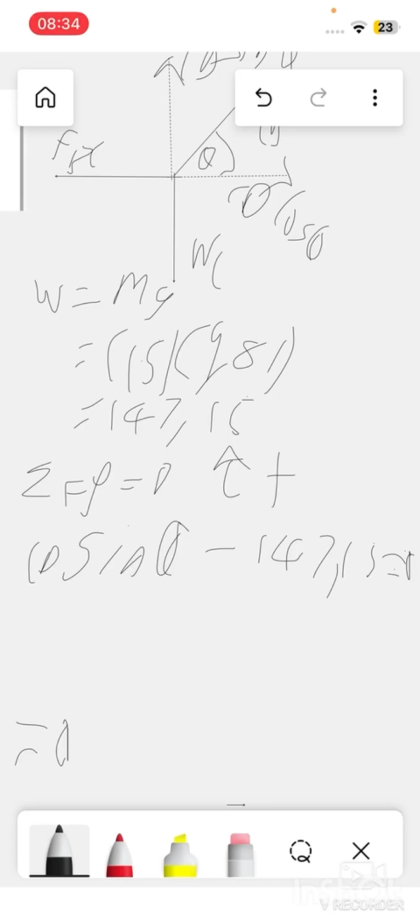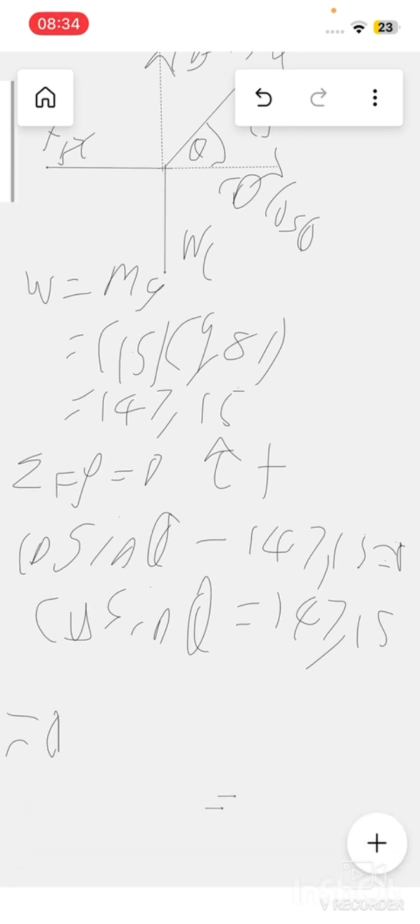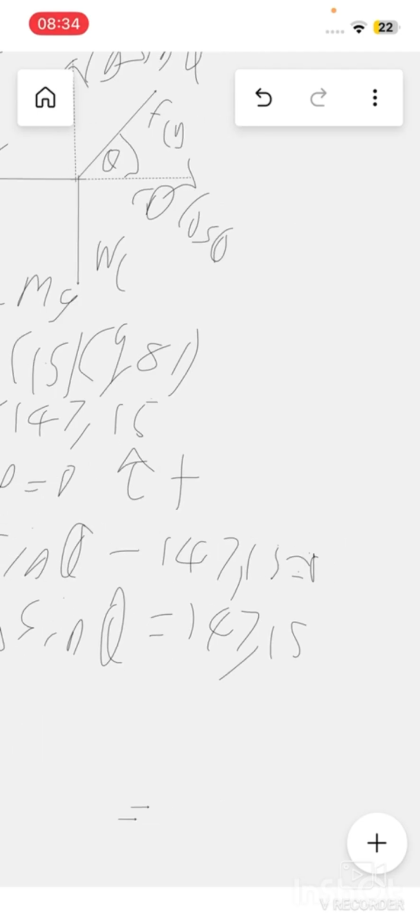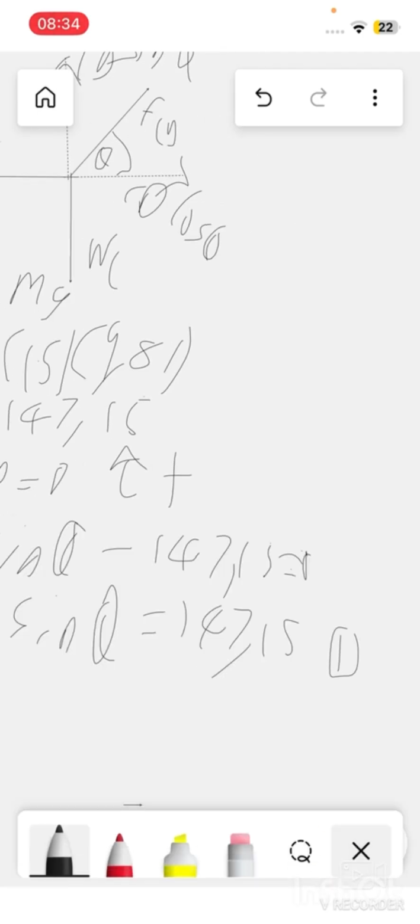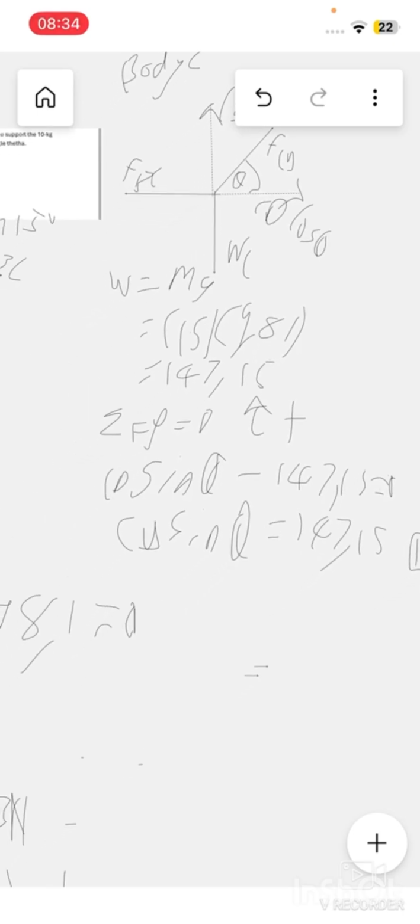Therefore, our CD sine theta is going to be 147.15, we transpose this. We're going to call this equation 1. That is that, guys.